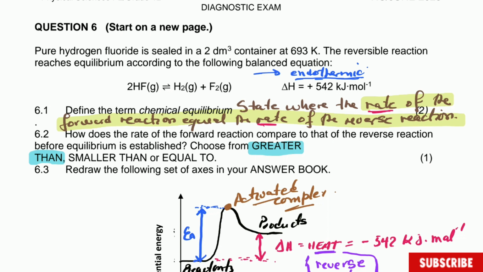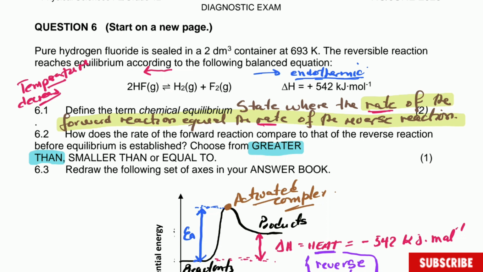Okay? Now, what happened to the amount of each gas? If the temperature decreases, let's write it here: if temperature decreases, the reverse reaction is going to be favored.